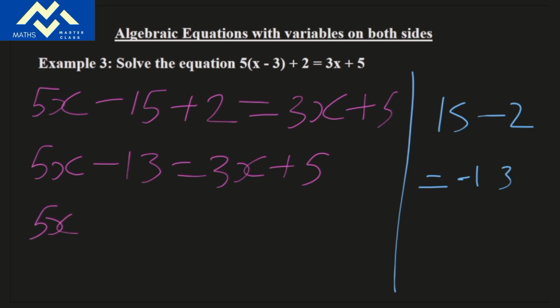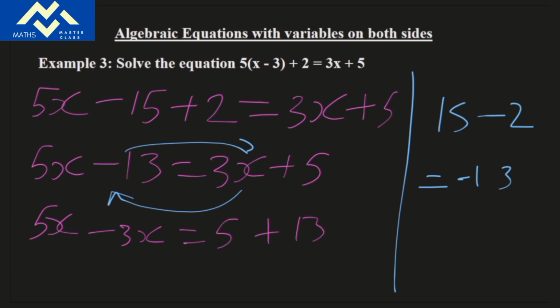5x. We will move 3x to this side. It will become minus 3x equals 5. Move minus 13 to this side. It becomes plus 13. 5x minus 3x is 2x.